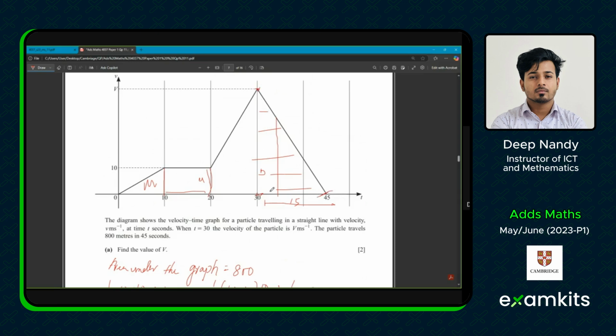So from 30 to 45, the acceleration equals minus 16 by 5, which is the same for t equals 35, because it's sliding down with a constant acceleration.